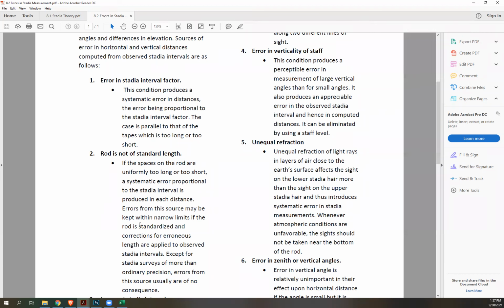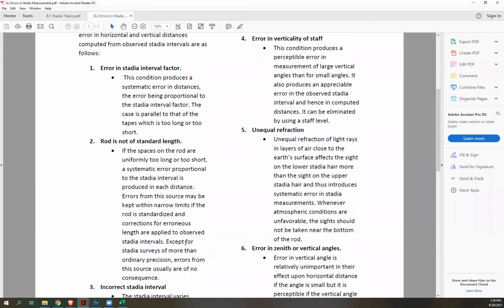Errors from this source may be kept within narrow limits if the rod is standardized and corrections for erroneous length are applied to observed stadia intervals. For example, we also have corrections for when your tape is too long or too short due to temperature, sagging, and pull. When we compute those corrections, you can just add or subtract them to your reading. Same thing here. If your rod is too short or too long, you can just take its correction factor and apply it to your final readings.